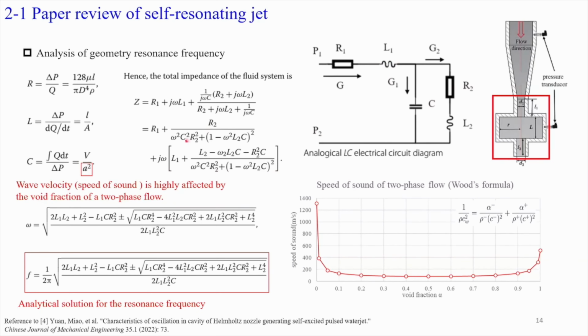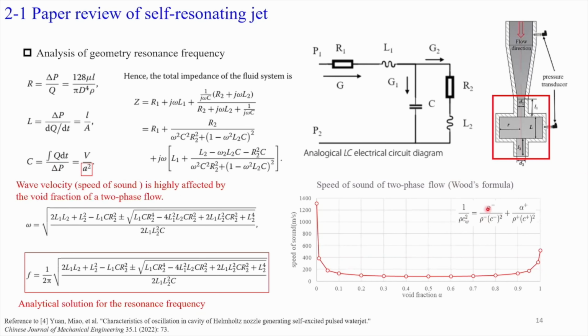Besides, there's a tricky part I would like to mention: we will need the wave velocity, in other words, the speed of sound in the working fluid, to calculate parameters such as the capacitance and also the mentioned Mach number.